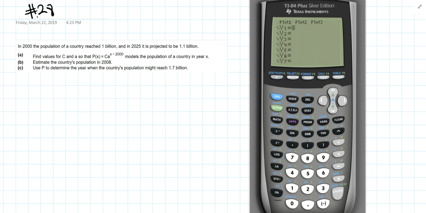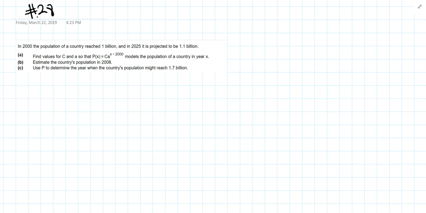So basically what we are told here, we're given 2 points: in the year 2000, the population was 1 billion, and in 2025, the population was 1.1 billion. So this is an X and this is a Y. The X represents the year and the Y represents the population.